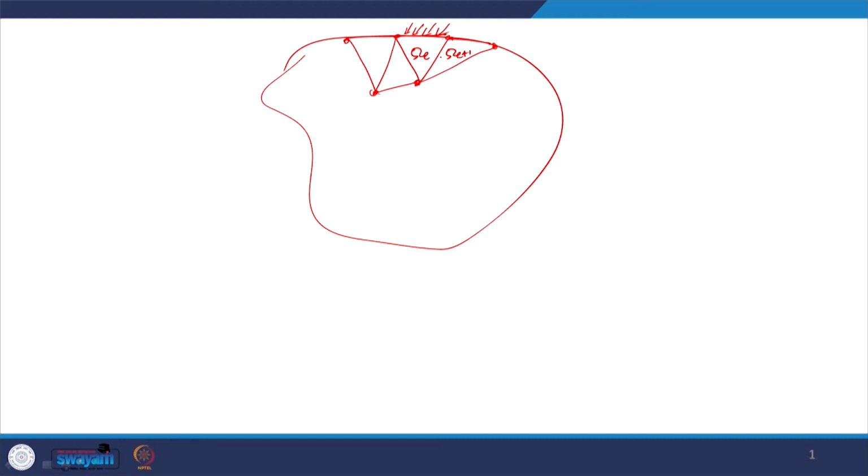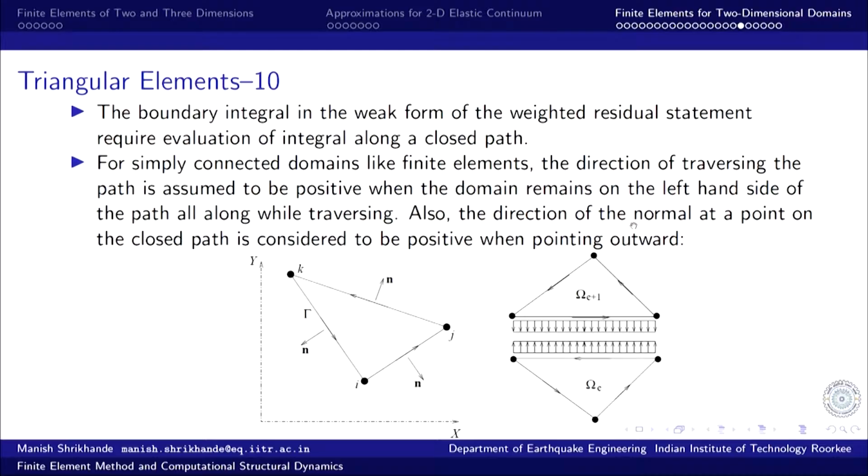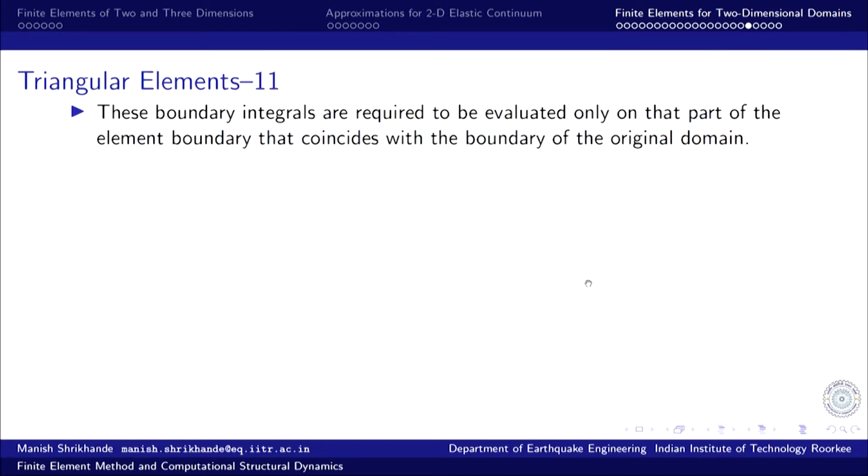For any boundary of the element in the interior of the domain, we do not need to evaluate this boundary term, because those contributions would be cancelled by corresponding contributions from the adjacent elements.